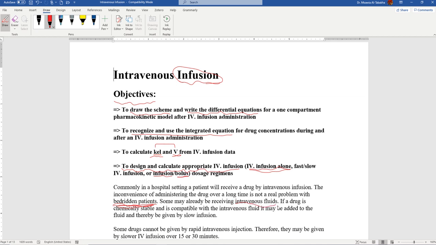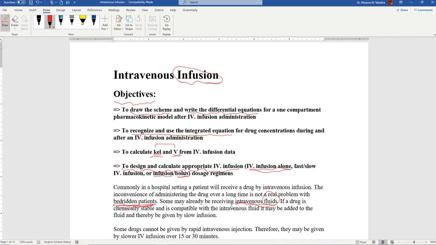Instead of giving them a new injection of the drug, what we can do is use the same line of the intravenous fluid to administer the drug. It is called piggy-back, provided that the drug does not interact with the fluids that are administered to the patient.